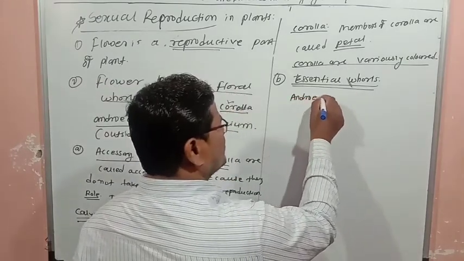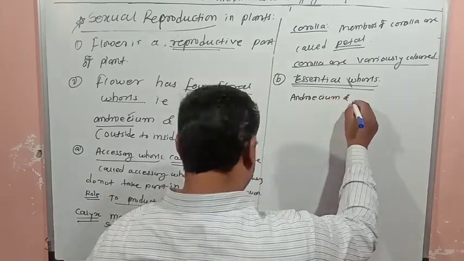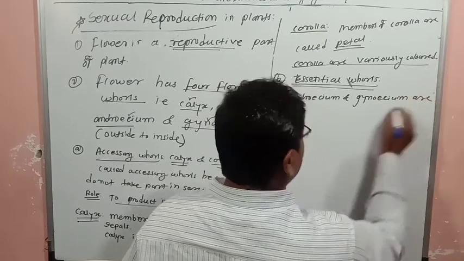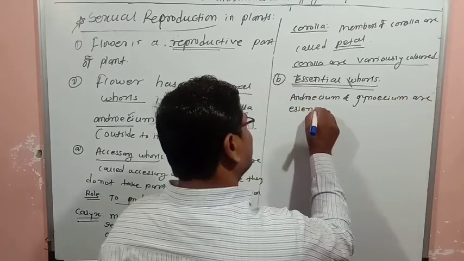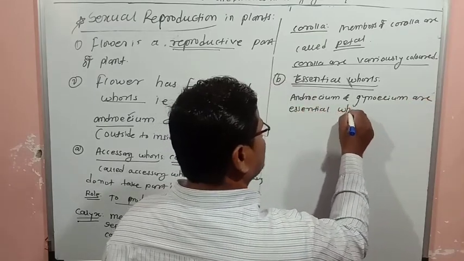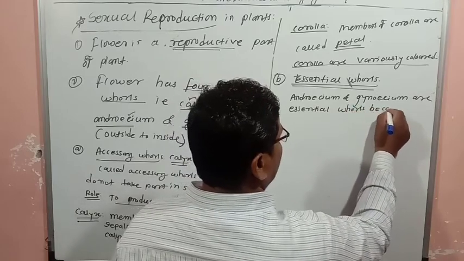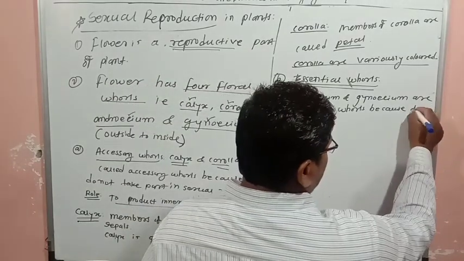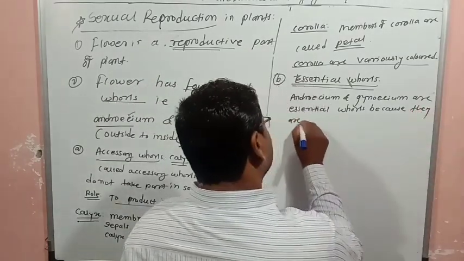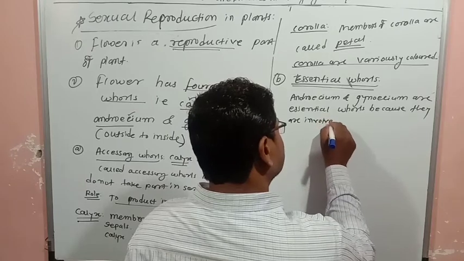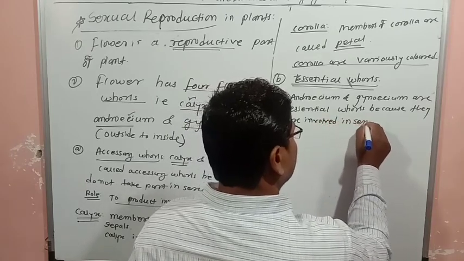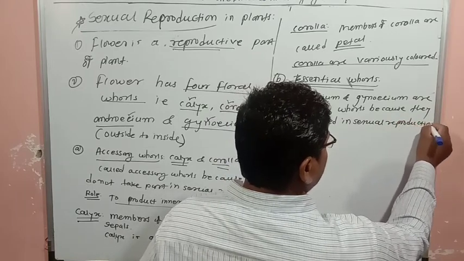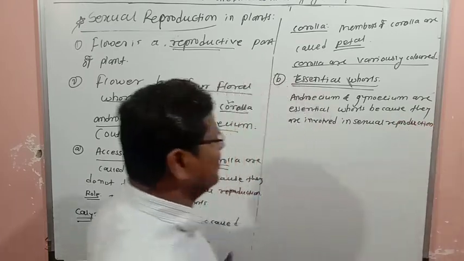Androecium and gynoecium are essential whorls because they are involved in sexual reproduction. They are taking part in sexual reproduction.